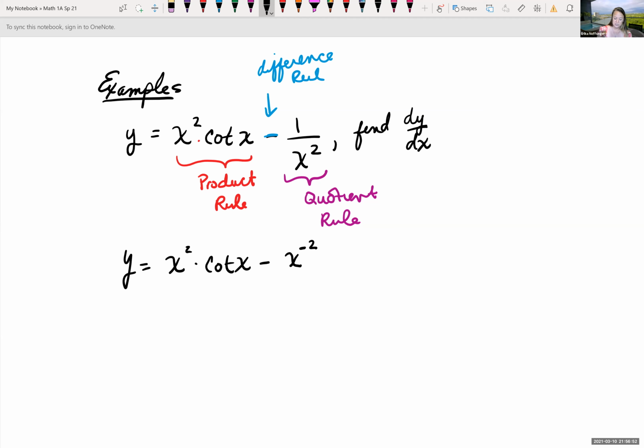So now I can just use the product rule, my difference rule, and in the last case, it's no longer the quotient rule. This is the general power rule.